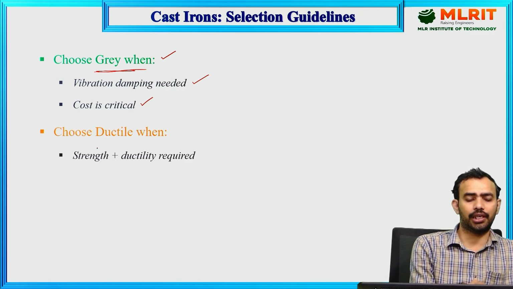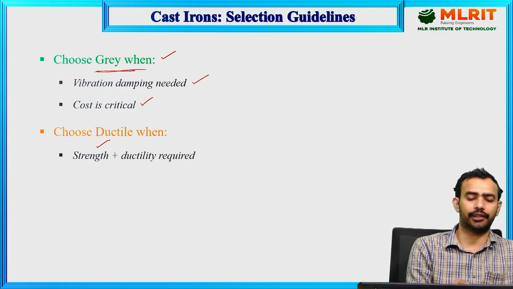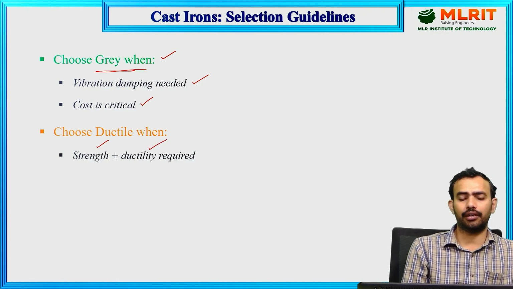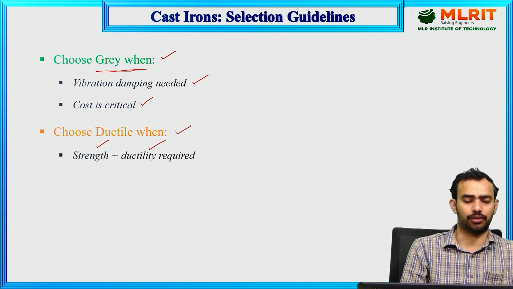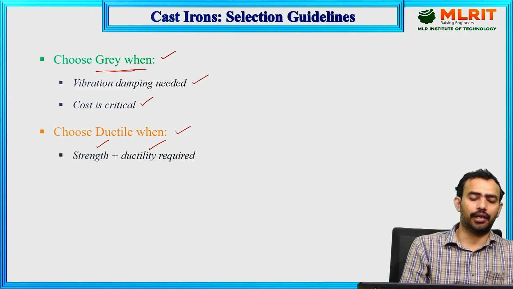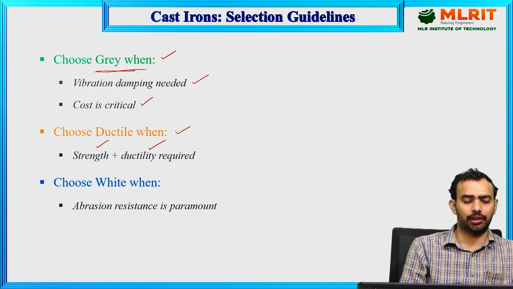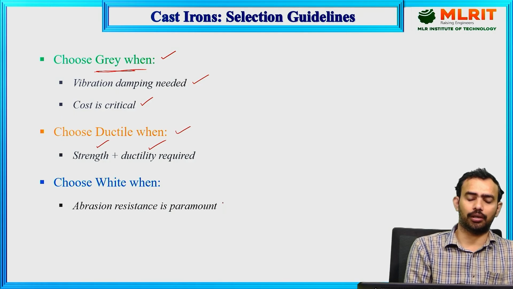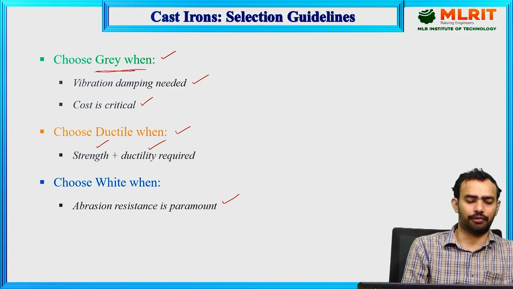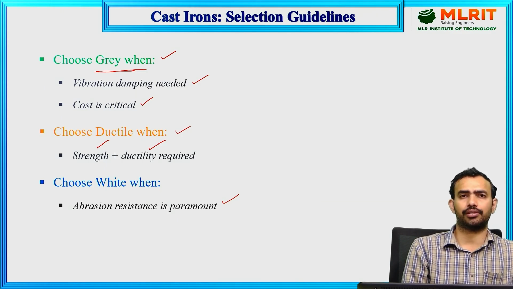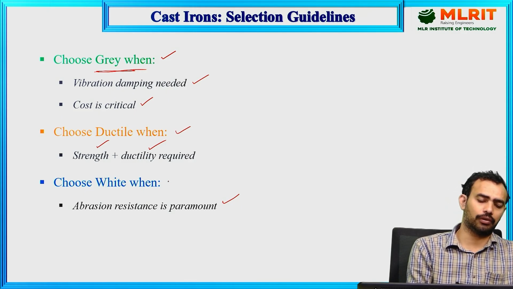If you need a good strength and ductility balance as your prime attention, then we have to choose ductile iron, which offers strength up to almost 1400 MPa and very good ductility. White cast iron is chosen only when wear and abrasion resistance is paramount, something like the mining and crushing industries.